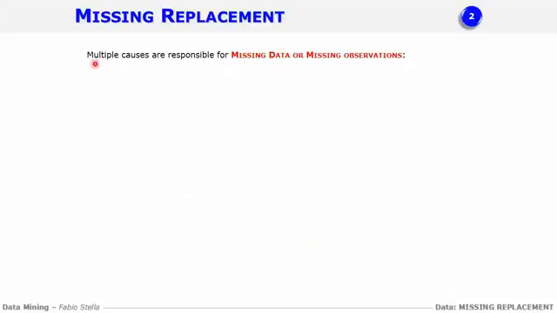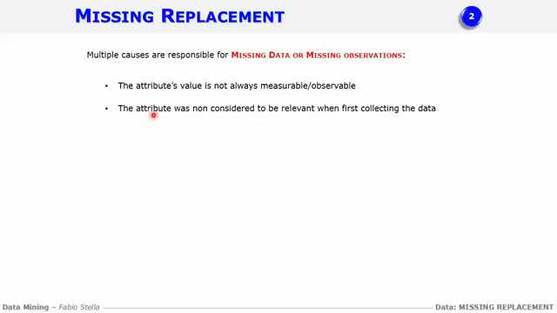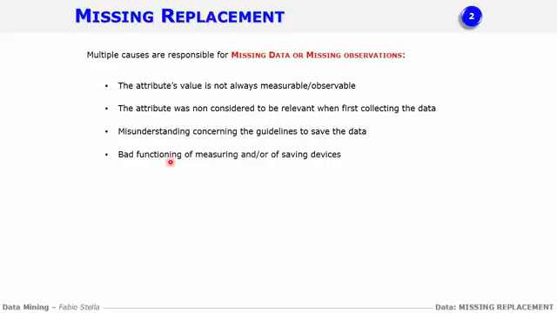You know that multiple causes are responsible for missing data or missing observations. We present here just a few. For example, it may be the case that the attribute's value is not always measurable or observable. It may also be the case that the attribute was not considered to be relevant when first collecting the data. Furthermore, it may happen that a misunderstanding concerning the guideline to save the data occurred, or a bad functioning of measuring and/or saving devices.